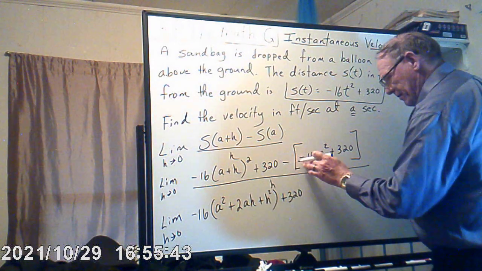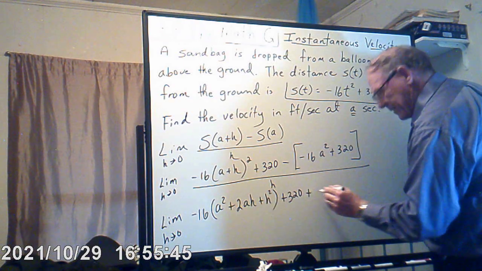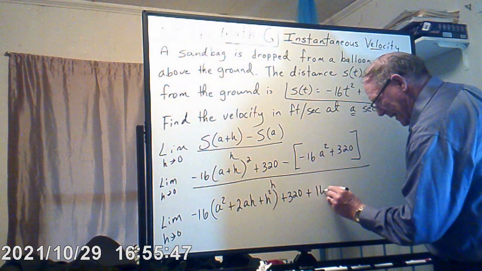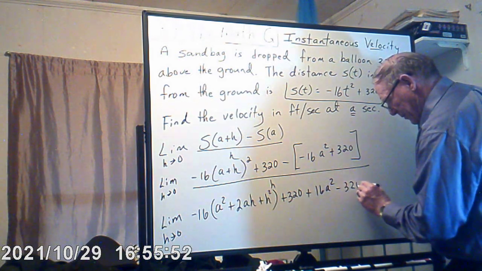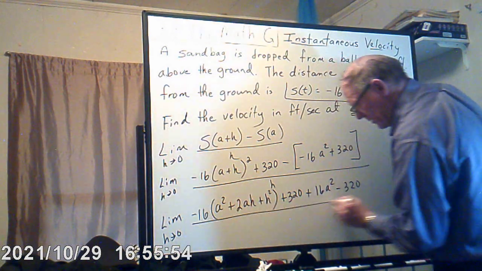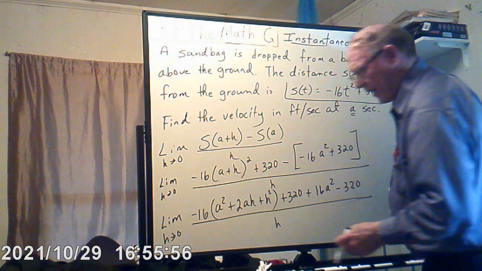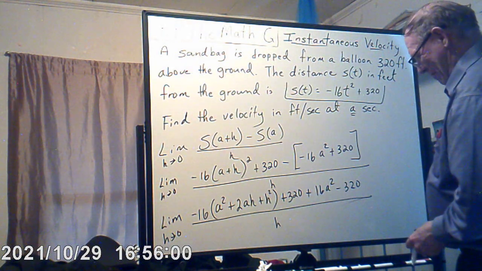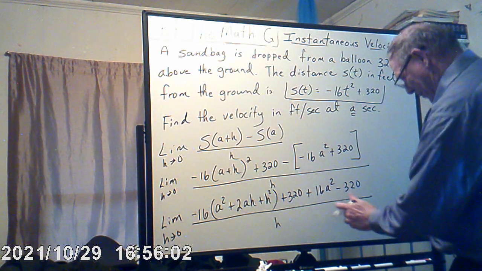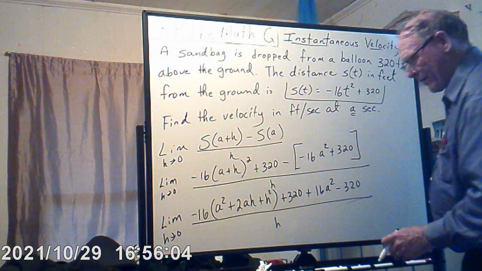Then you distribute the negative sign, so plus 16A squared minus 320, all over H. Let's see if we can squeeze this in one more time before I have to flip the board.